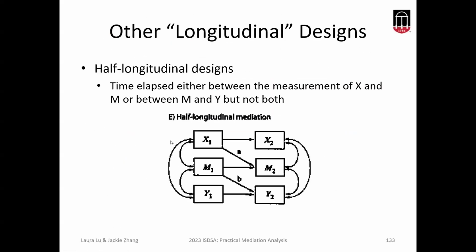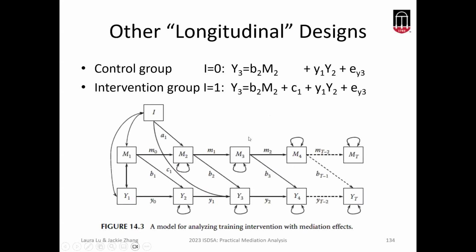So in that case, we have 2 time points. And we can have this longitudinal design. We have a control group and an intervention group. The X variable here is either 0 or 1: 0 for the control group and 1 for the intervention group. And that will influence the M value and the Y value.